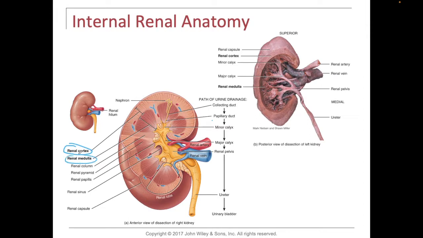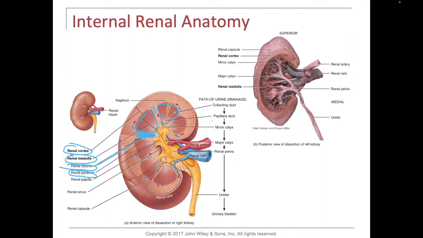Here you can see the renal medulla really nicely. This is part of the area of the renal medulla, but specifically the shape of those are referred to as renal pyramids. And in between each pyramid, we're going to have the renal columns. So there's the renal column. Those are the columns.